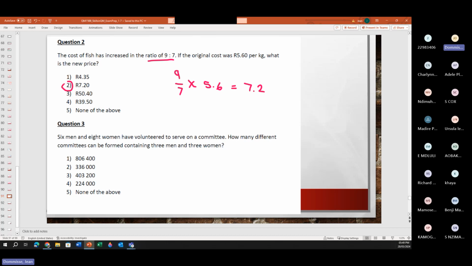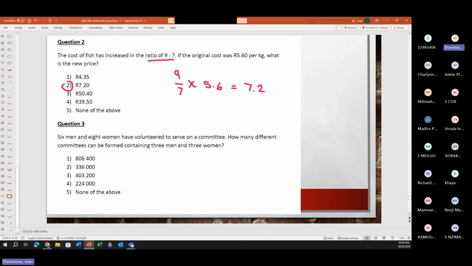Okay, so the cost of fish has increased in the ratio 9:7. If the original cost was 5.60, the new cost will be 9/7 times 5.6. If you used 7/9, you would get 4.35 rand.